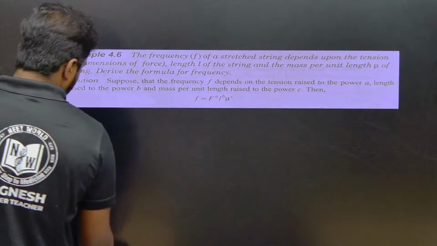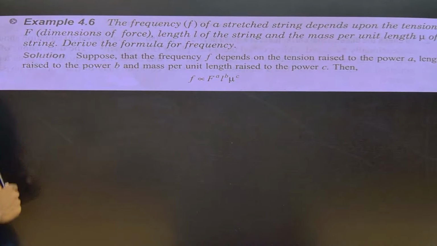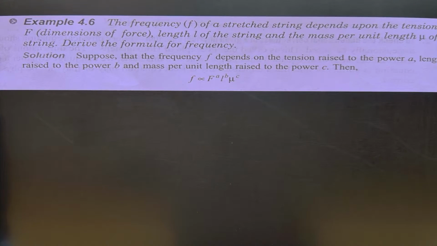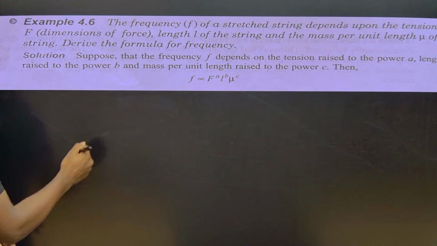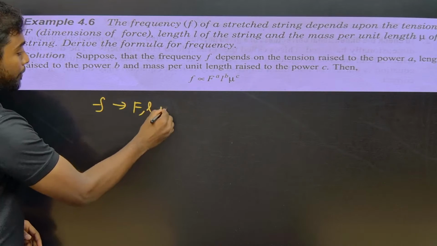Suppose the frequency of a stretched string depends upon the tension F, length L and mass per unit length, mu, of the string. Derive the formula for the frequency. They have said that frequency depends on force, length and mu.